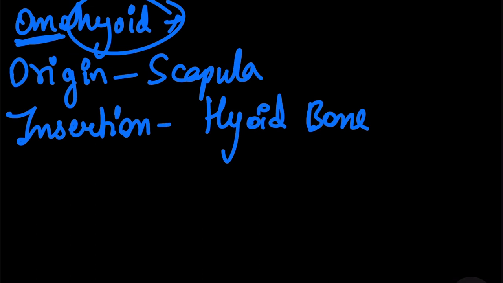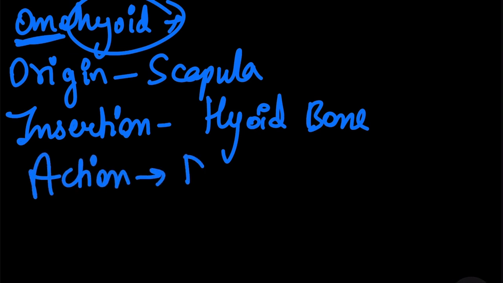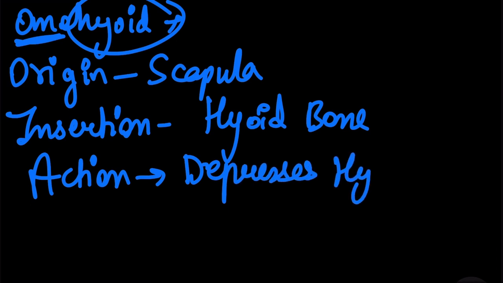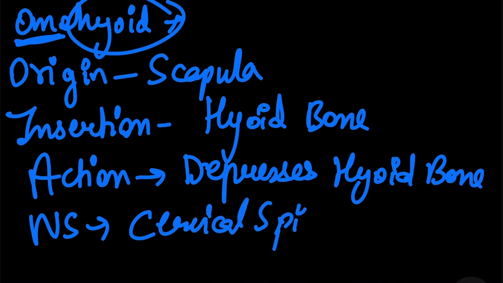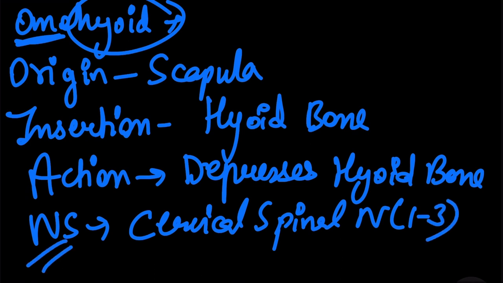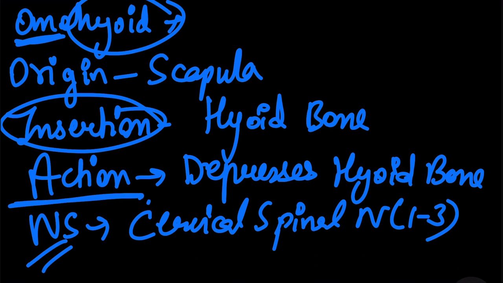Moving forward, its action will be depress hyoid bone, and its nerve supply is same, cervical spinal nerve 1, 2, 3. So copy cut paste from the name suggests, only extra thing to memorize, and origin is also simple.